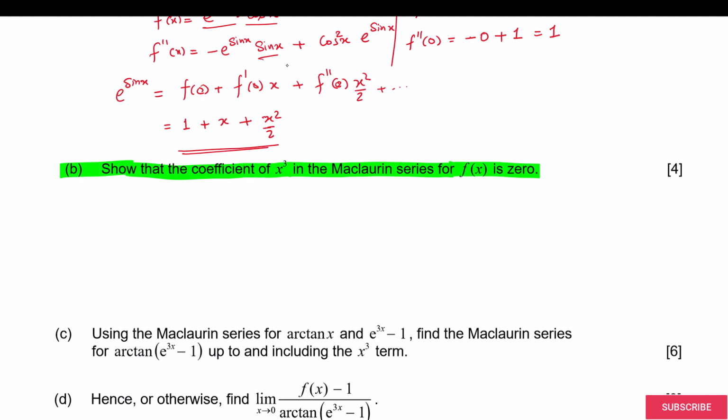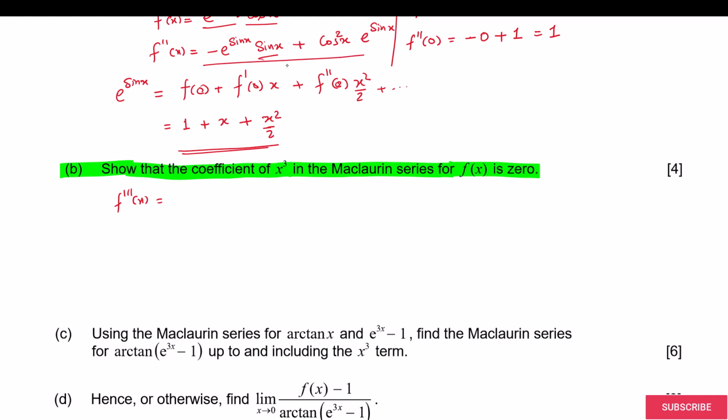So if the f triple dash of 0 is 0, then only the coefficient is 0. So here we'll find the f triple dash of x by differentiating this f double prime.